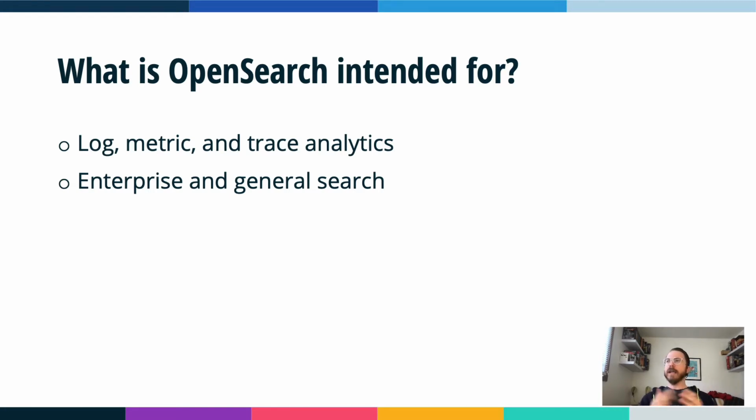Now, looking at the actual title, OpenSearch, you might think, oh gosh, this is just about finding data and indices. But in fact, if you look at how people use it, most people tend to use it for log, metric, and trace analytic use cases. So analytical pieces, but there's still a sizable number of people that use it for enterprise search and general search.